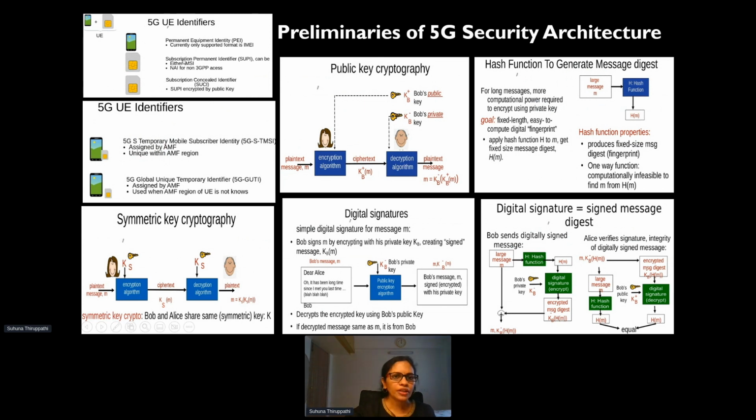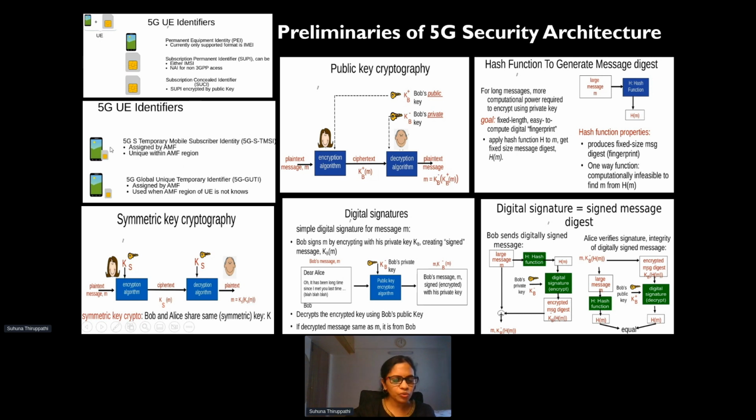So these are the permanent identifiers of the UE. And let's get into the temporary identifiers. When the user moves from one location to another location, the SUPI or the IMSI is not going to be used. Another identifier, a temporary mobile identifier, is used, which is assigned by the AMF, the access and mobility function we have seen, and which is unique to the AMF region.